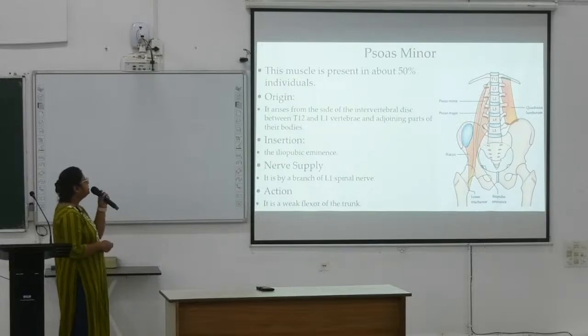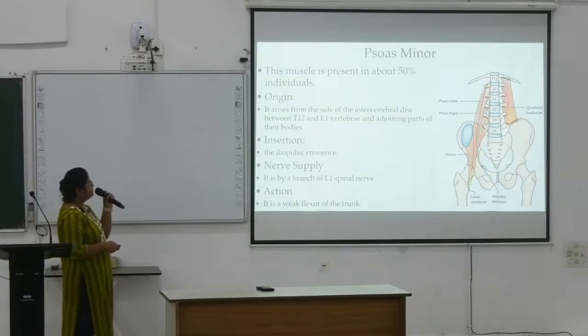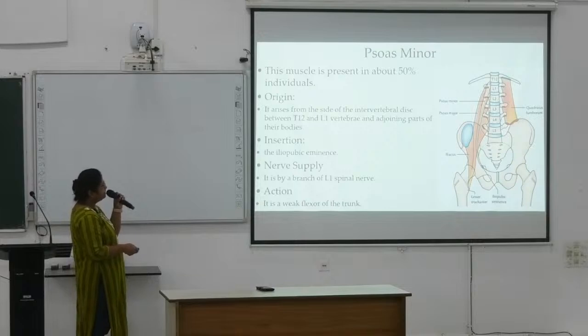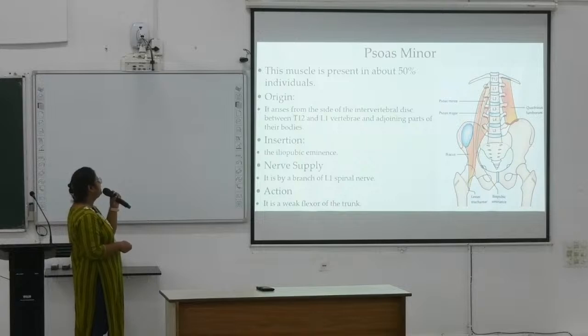Insertion into the iliopubic eminence. Here is the iliopubic eminence, and here is the insertion of psoas minor. Next is the nerve supply. It is supplied by a branch of the L1 spinal nerve. Action, it is a weak flexor of the trunk, a small muscle.